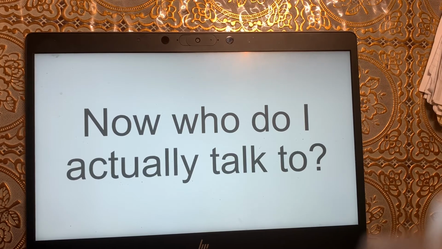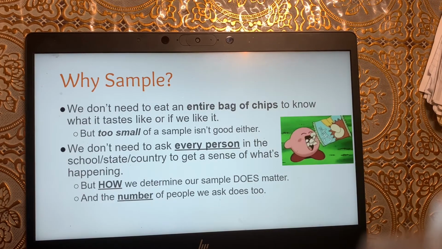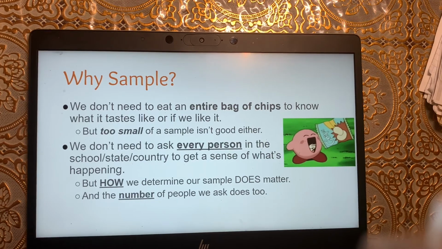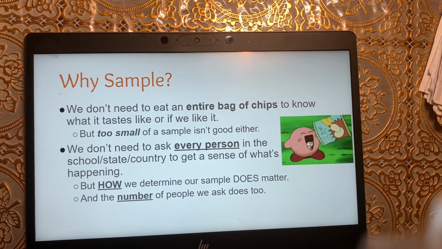Now, who do you actually talk to? What we do, how we proceed, why we sample. We don't need to eat an entire bag of chips to know what it tastes like or if we like it. But too small of a sample isn't good either. So you take a considerable amount to check whether the bag of chips really tastes good or not. In the same way, we don't need to ask every person in the school or state or country to get a sense of what is happening in the whole population.